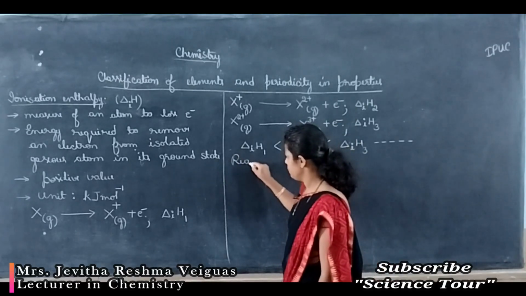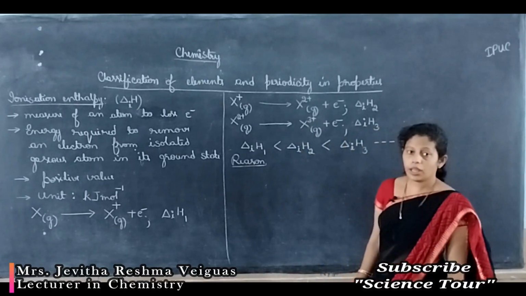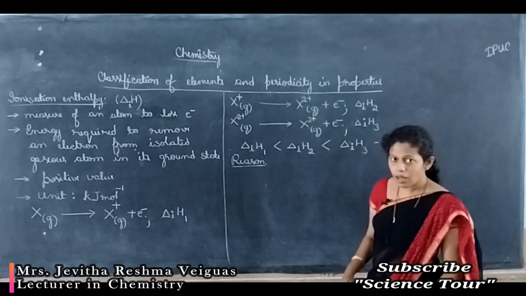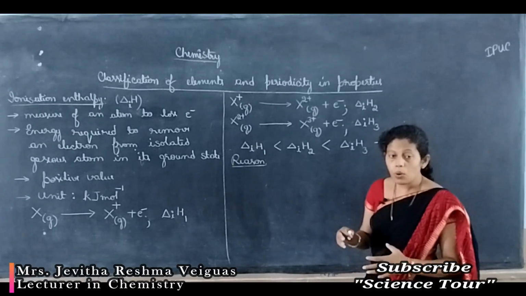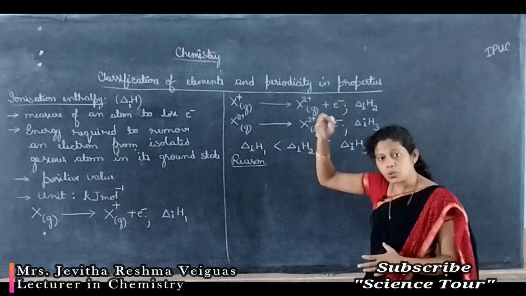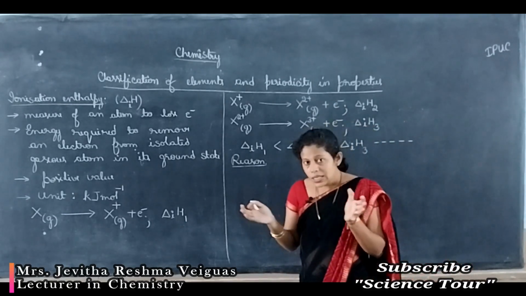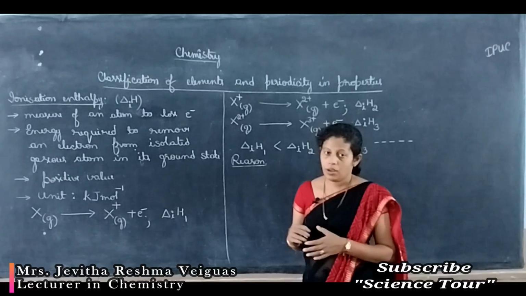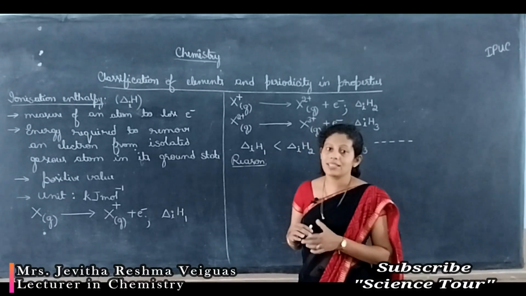The reason is, in ions, the number of electrons will be less. So effective nuclear charge goes on increasing. As effective nuclear charge increases, size decreases. As the size decreases, removal of electron becomes difficult.